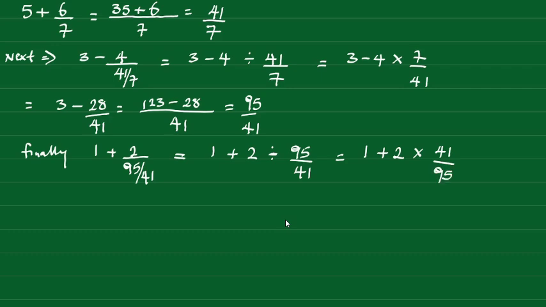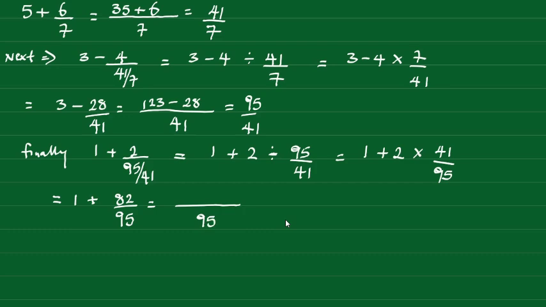Now, having done this, we proceed and we have 1 plus 2 times 41. 2 times 41 gives us 82. We have 82 over 95 equal to, we make 95 our LCM.